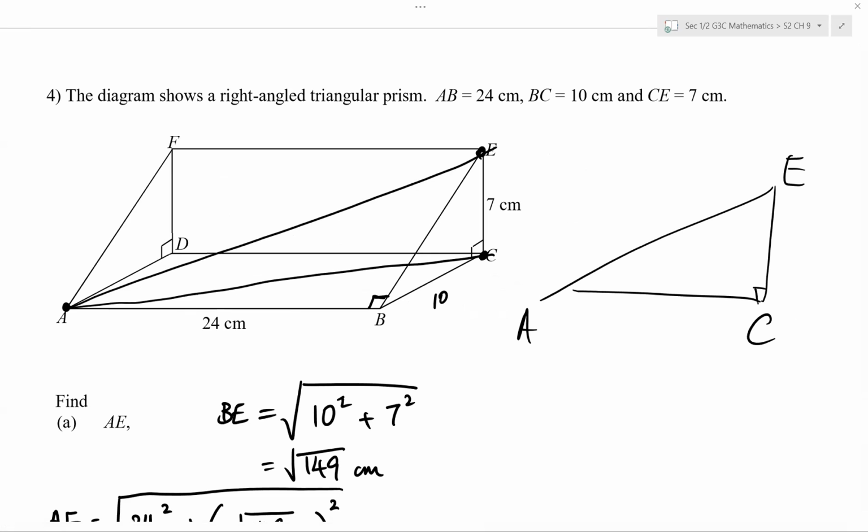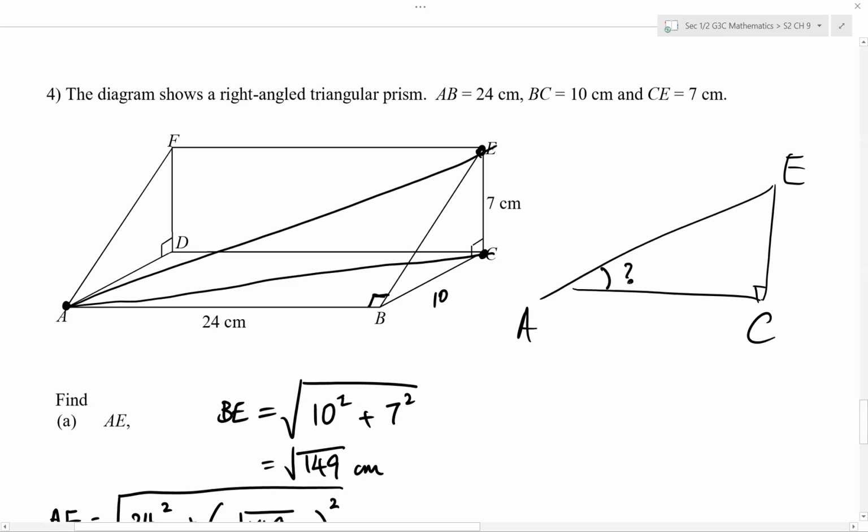Why is it perpendicular? They say it is a right angle triangle prism. This is a right angle triangle, so this is vertical. When I hold a pen vertical, no matter which direction I look, it is still 90 degrees.